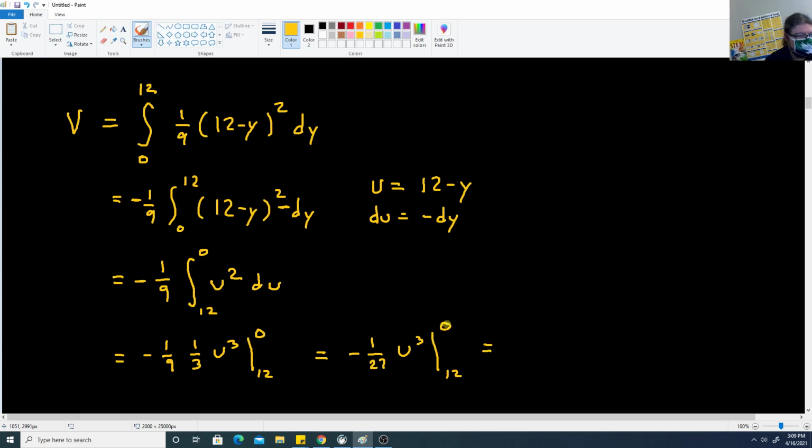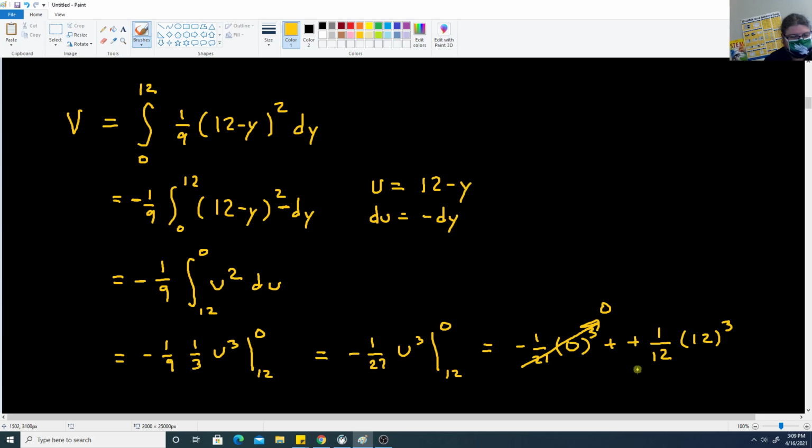So I'll plug those in and see what happens. When I put 0 in, I get -1/27 times 0 cubed. Then I get minus -1/27 times 12 cubed. 0 cubed times -1/27 is just 0.